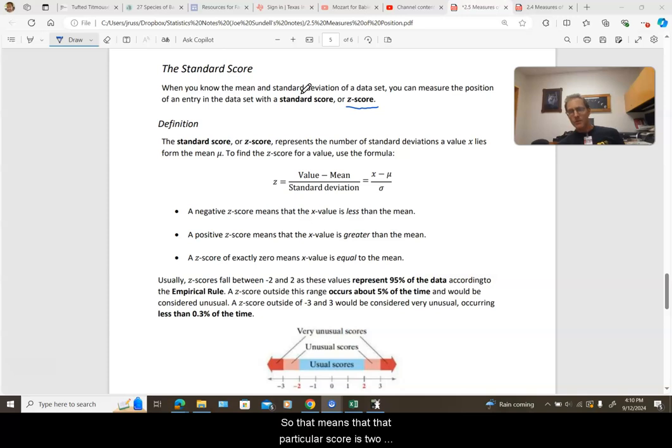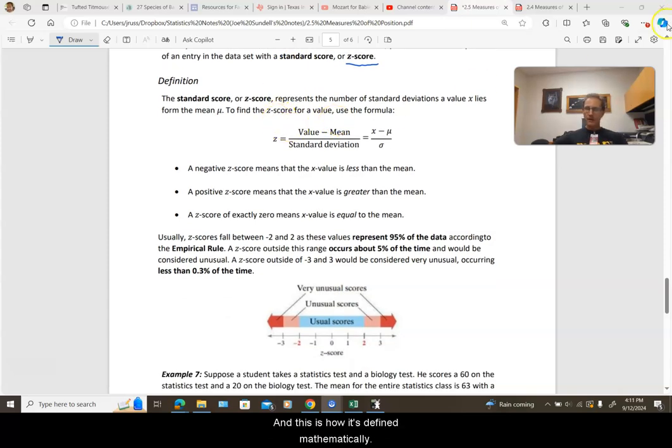So that means that particular score is 2 standard deviations above whatever the mean was. Or if that score had a z-score of -2, that means that particular score was 2 standard deviations below the average, which wouldn't be good, grade-wise anyway.